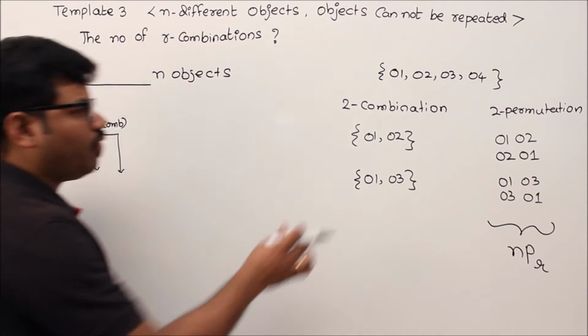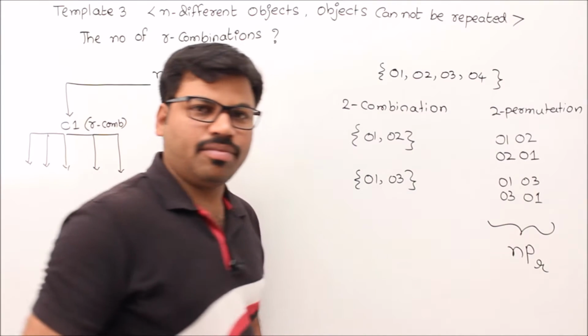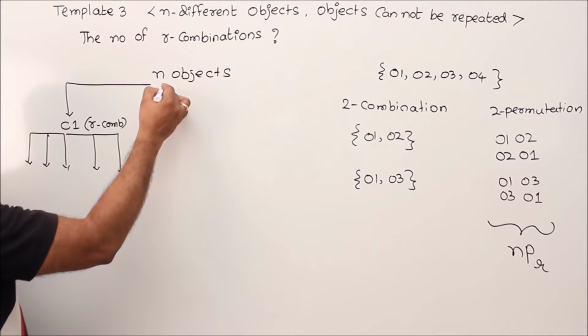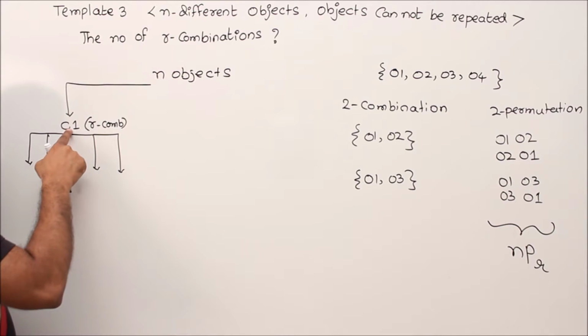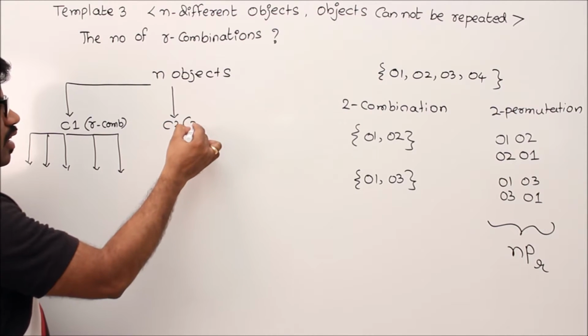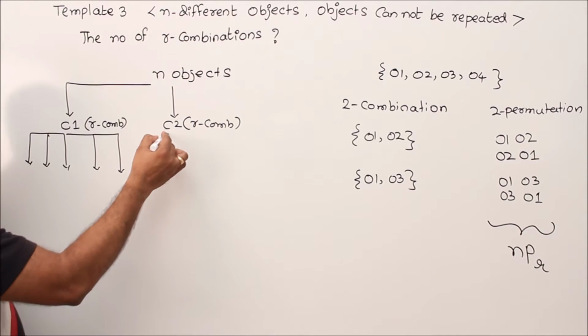We know that if you have two objects O1 O2, then so many ways we can arrange them. We'll see the formula for it later on. Similarly, come back here, if you have n objects, then this is combination number 1. There may be another combination C2 that also contains R objects. Now how many ways can you arrange them?